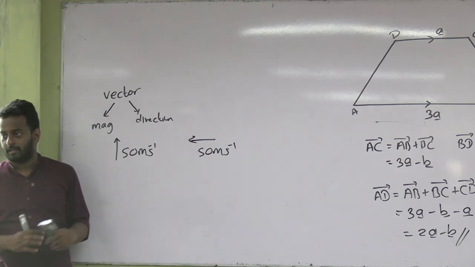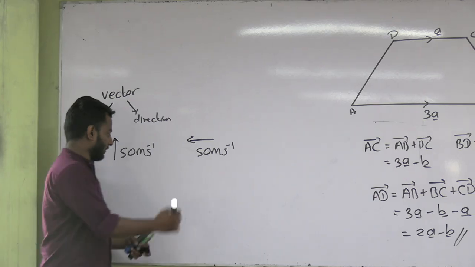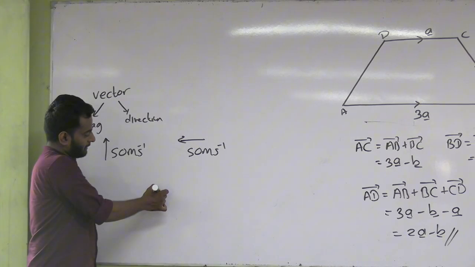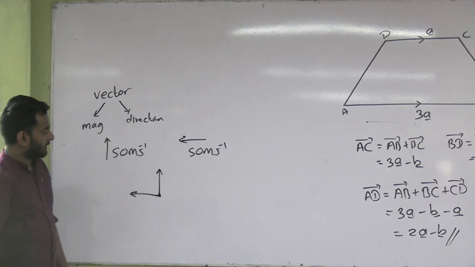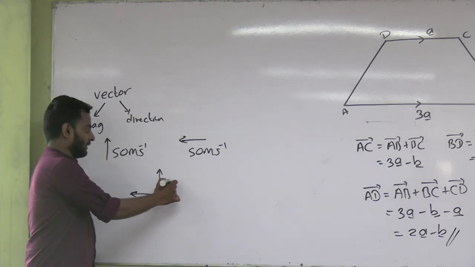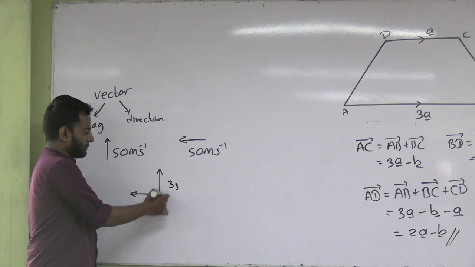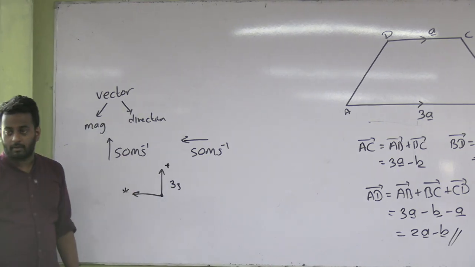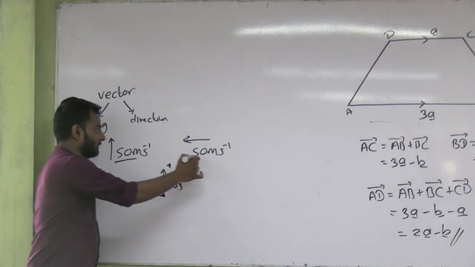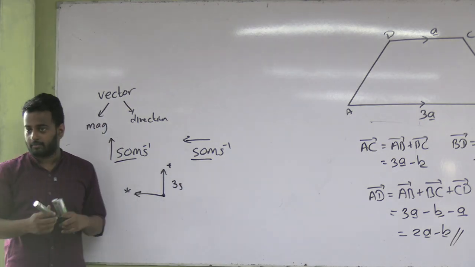No, it's not equal. For example, if you start from a point, one person moves towards north and the other towards west. After a time of 3 seconds, the first person would be standing here and the second would be standing here. So these are not equal. But I can say the speeds are equal; the magnitudes are equal.